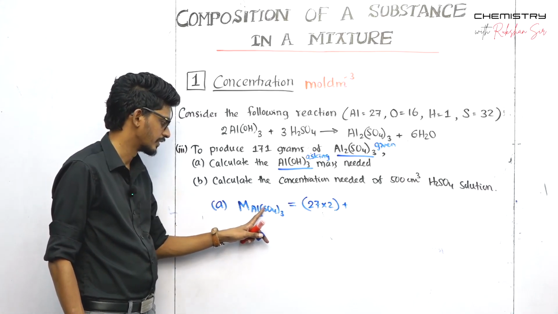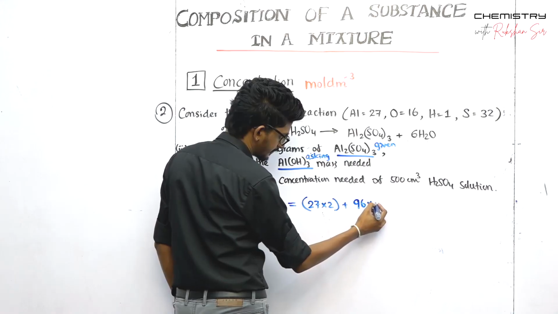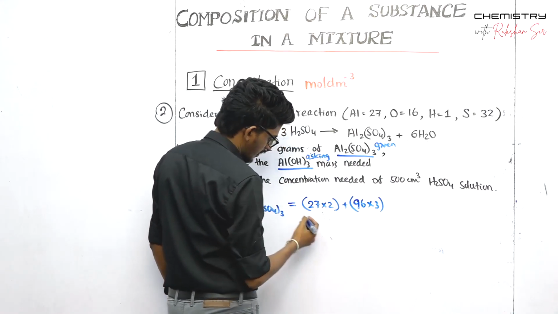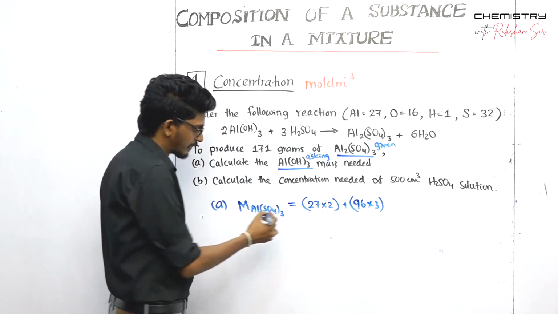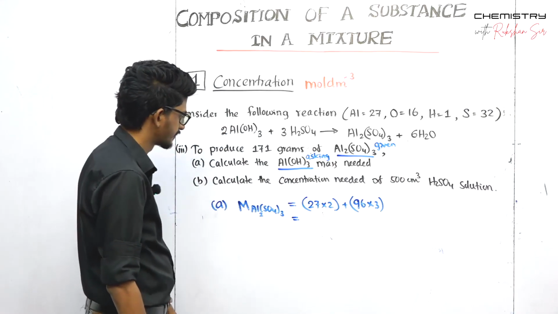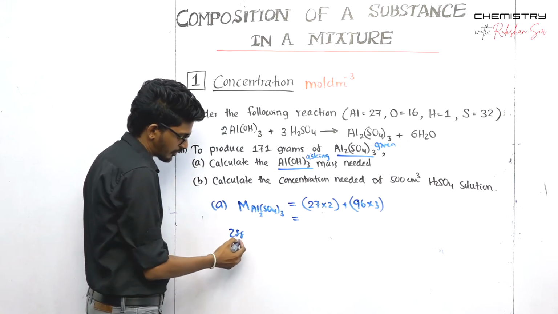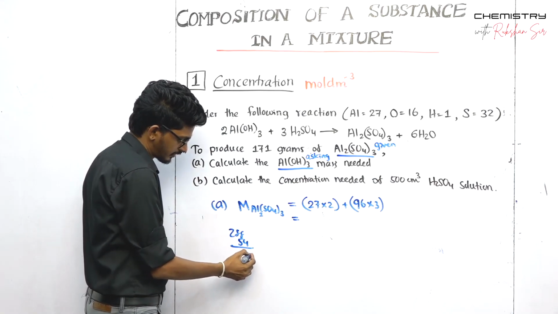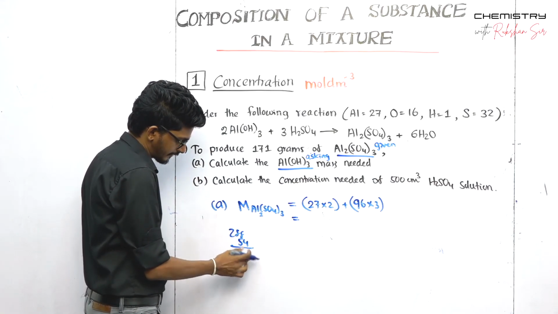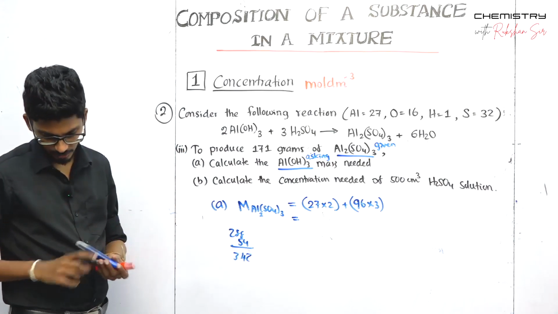Sulfate is 16 into 4 is 64, altogether 96. 96 into 3 is 288, and this is 54. So 342. This is 342.